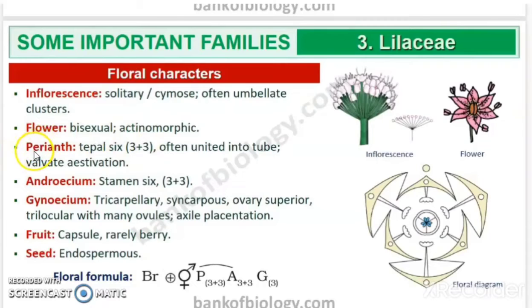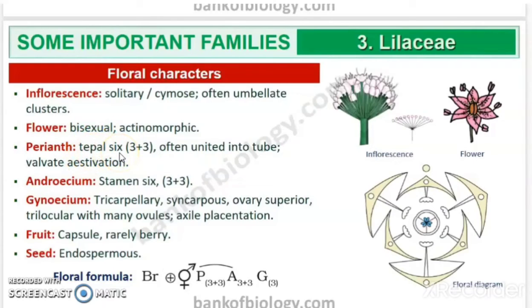Now coming to the next part, which is called the perianth. Till the last family we learnt about calyx and corolla, but in this family, instead of calyx and corolla, there is a structure called the perianth, which means that there is no differentiation between sepals and petals, and we call that a tepal.